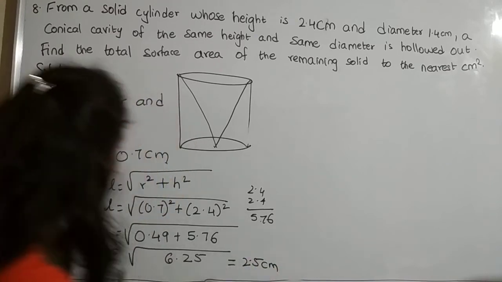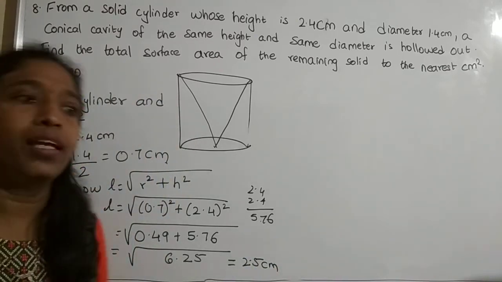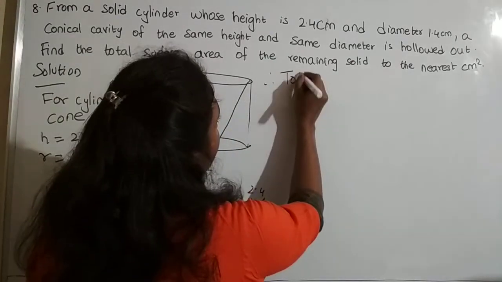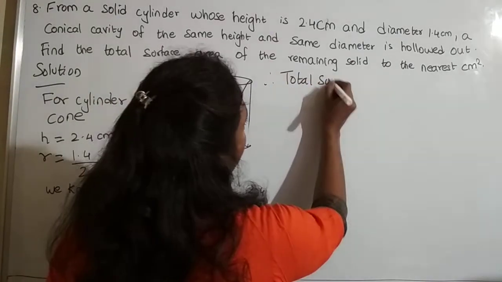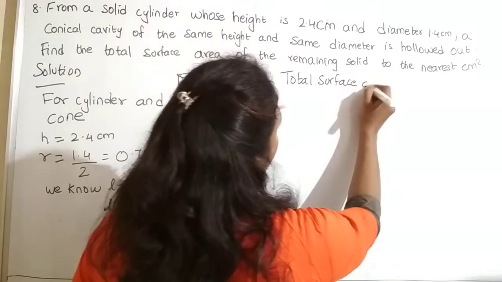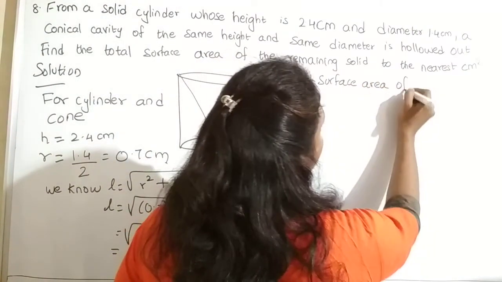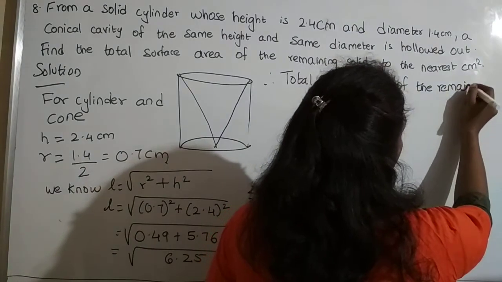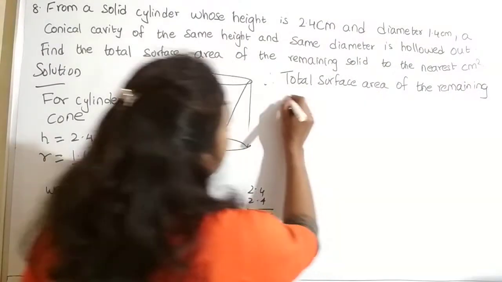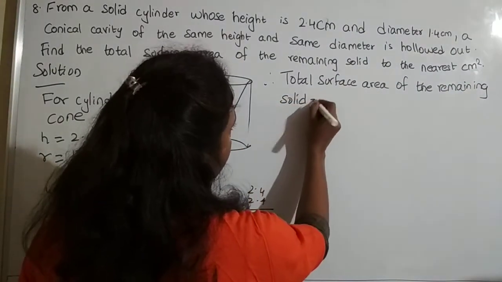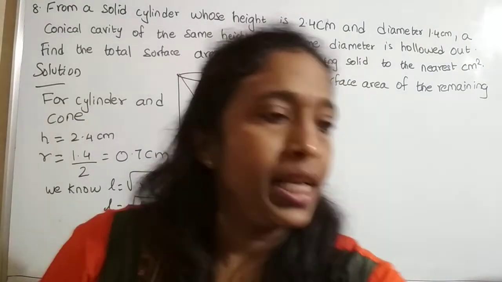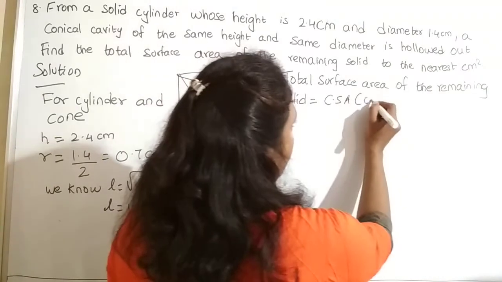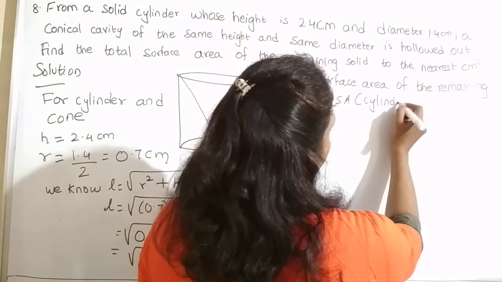Once we know our L, R, H, we can directly substitute. So here we can write, therefore TSA, or the total surface area of the remaining solid, equals the CSA of the cylinder, as I said, so that we will paint.